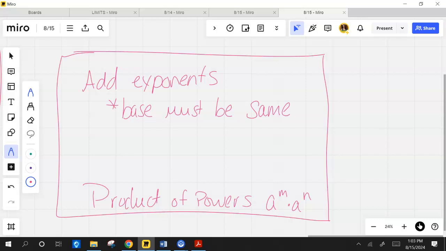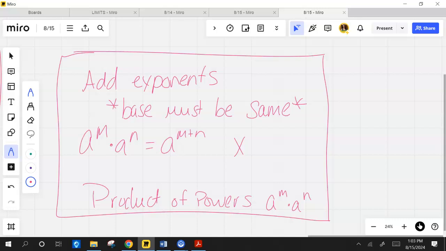Okay? So A is the base here. If those are the same, then all I have to do is add the exponents. So A to the M times A to the N, I just add them together, right?